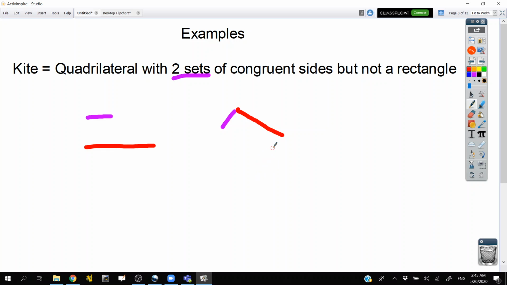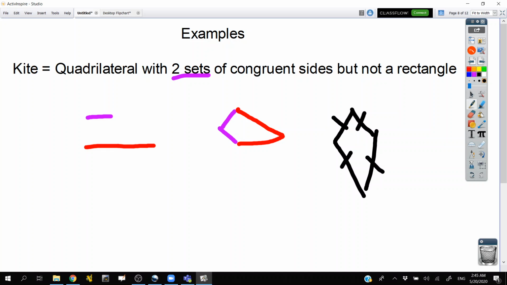Well, I want to make it not a rectangle, meaning that I don't want to complete it by doing this and this. I want something different than that. So what I need instead is to put that side here. And as soon as we complete this, you see why we call it a kite, because it looks like a kite that you would fly in the wind. So kites end up looking, because that one's a little bit wonky, like this, where those are equal and those are equal.